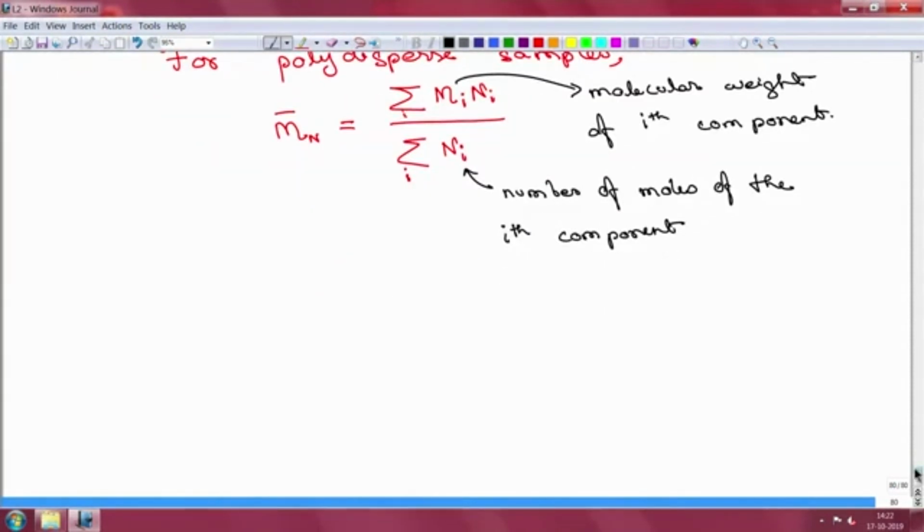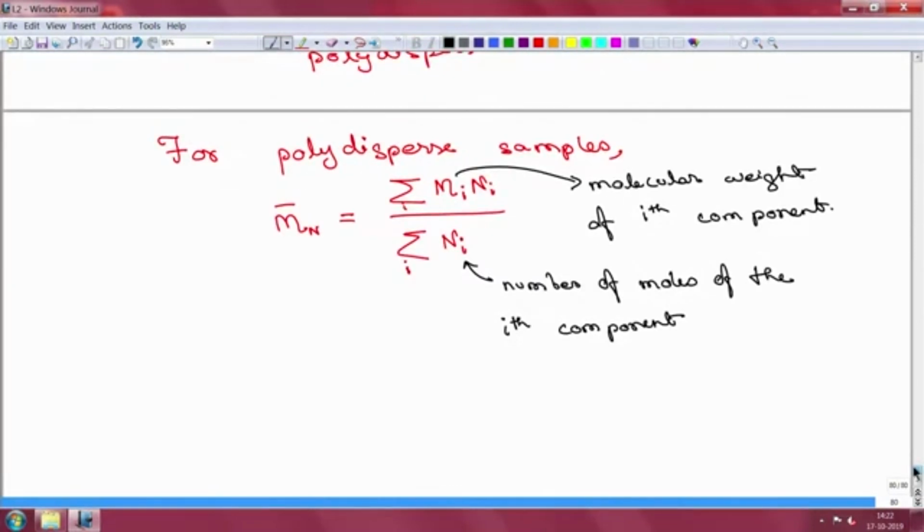So, some people argue that this is not always a very good measure, because it biases the sample if the sample has components which have very low molecular weight and or very high molecular weight. So, then this M average can vary a lot. So, then the other suggested average is what is called a weight average molecular weight, which we define as follows.